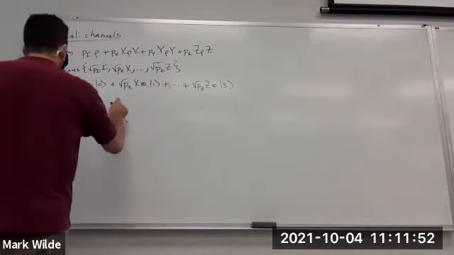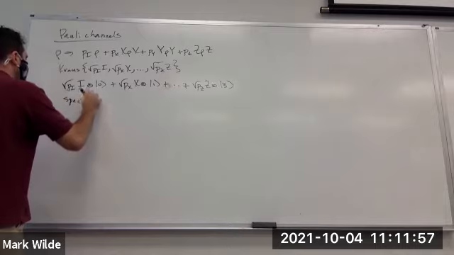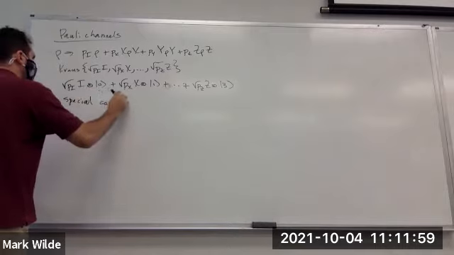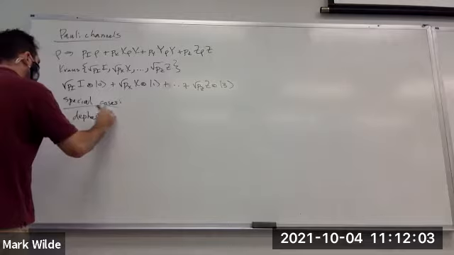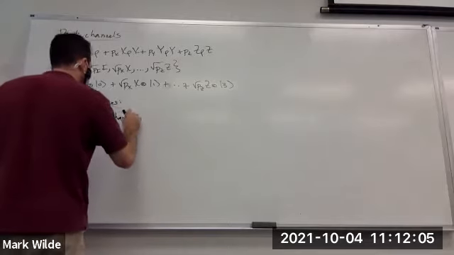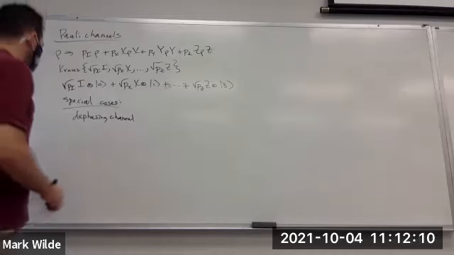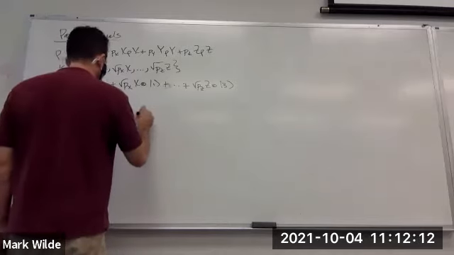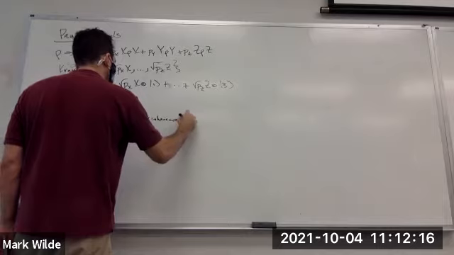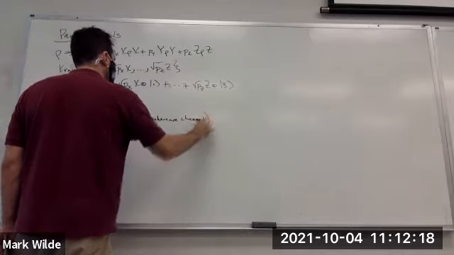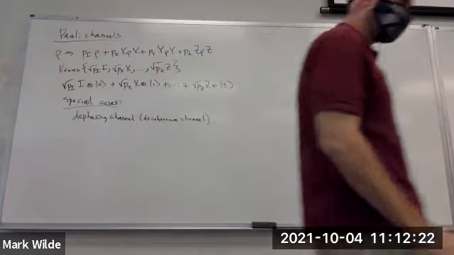Okay. So there are special instances of this that are interesting. One is called the dephasing channel. You can also refer to it as a decoherence channel. You hear this term decoherence. Decoherence is kind of a confusing word.